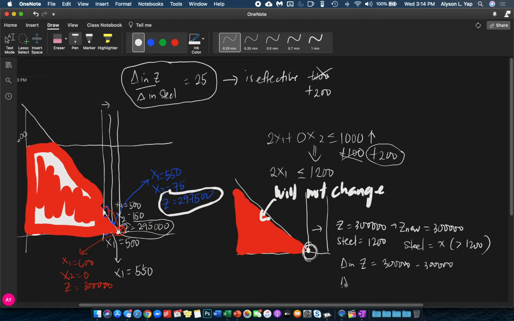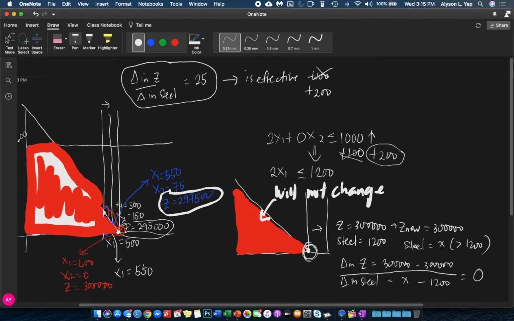The change in steel is, in this case, some value X minus 1,200, and X is something greater than 1,200. Therefore, if we divide the two, then we get a value that is equal to 0.